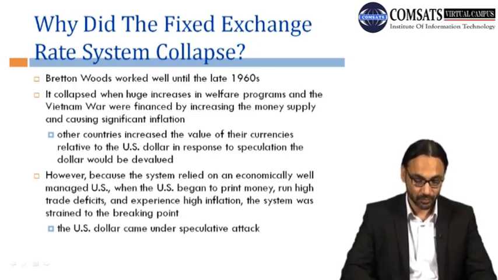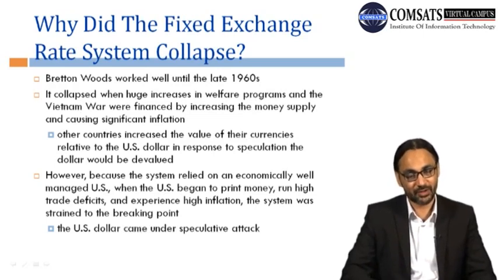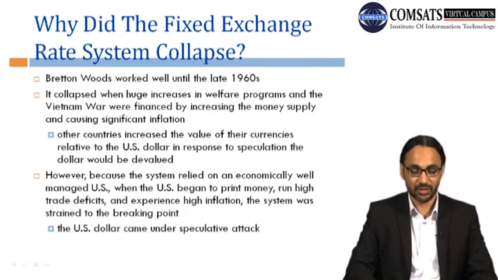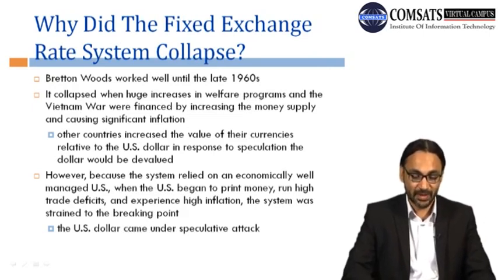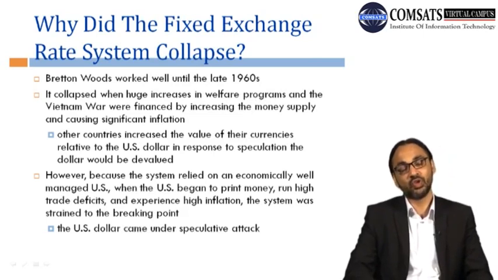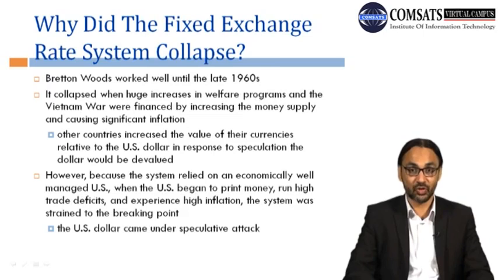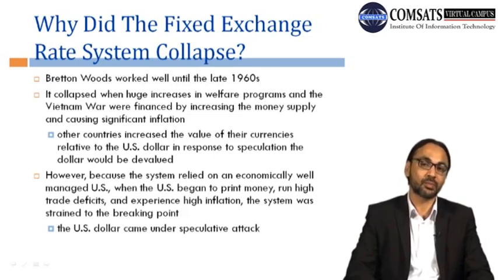In Germany, speculators made massive purchases of the Deutsche Mark because they believed that the US dollar was going to devalue, and the Deutsche Mark was going to be revalued against the US dollar.